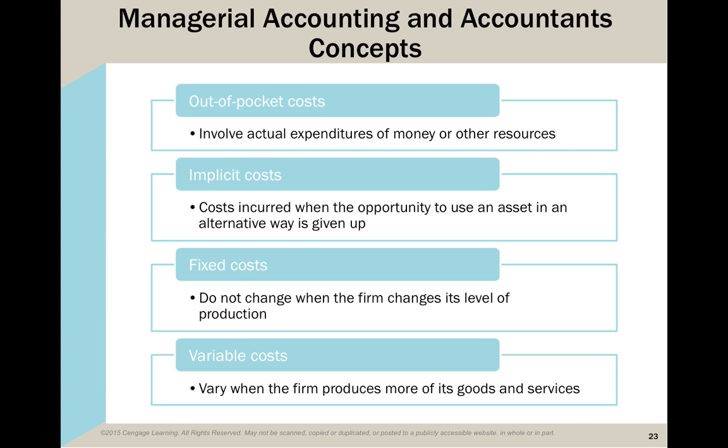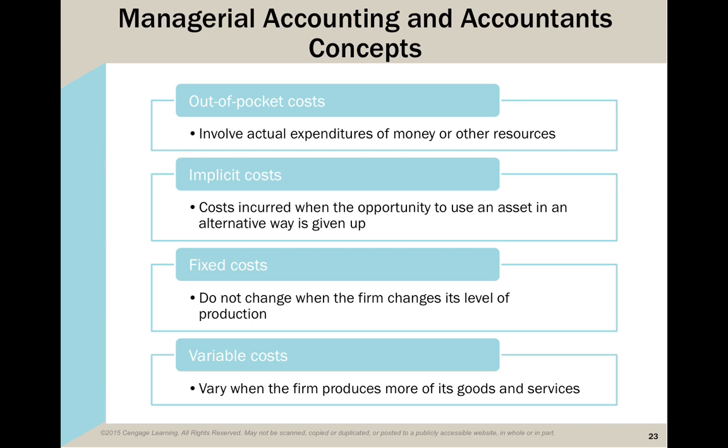There are implicit costs, which are incurred when the opportunity to use an asset in an alternative way is given up. An example of an opportunity cost might be the wages that a company pays its workers and the payments that it makes to suppliers for raw materials. Those are opportunity costs or implicit costs.